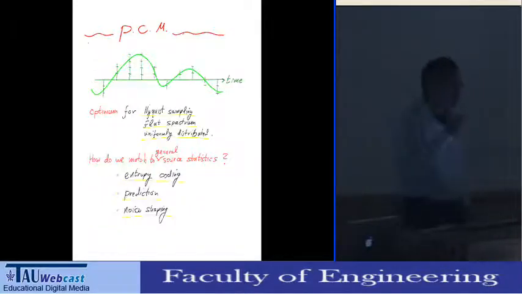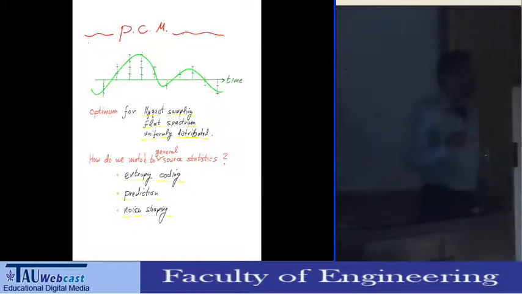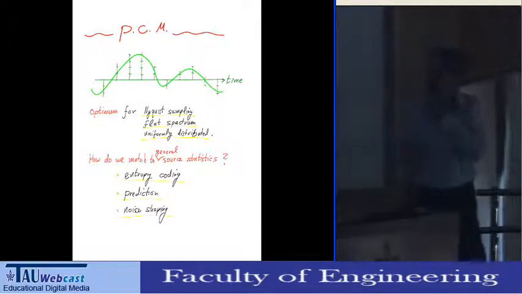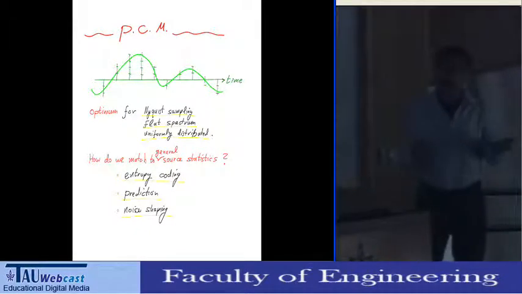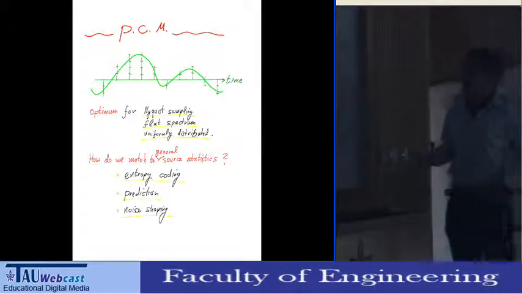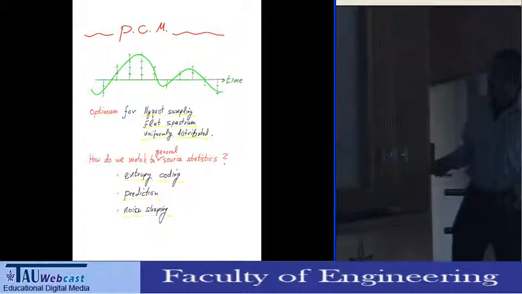And for that, let's go briefly over the main ideas of source coding in practice. So the basic idea is PCM, pulse code modulation. You take a waveform, you sample it uniformly, and then you quantize each sample, and you send the bits.